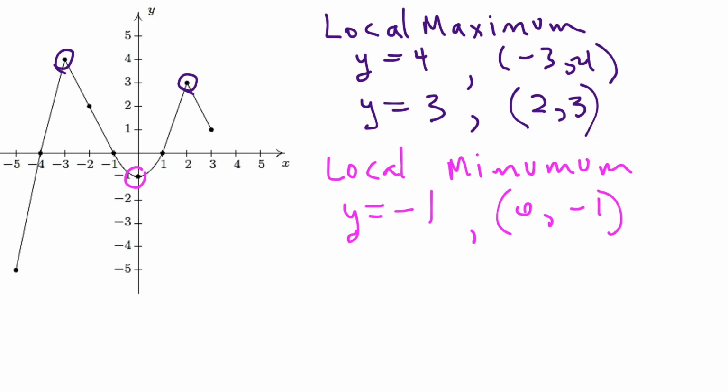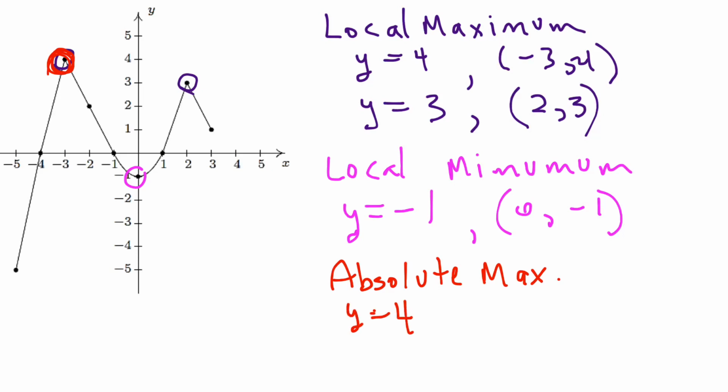All right, so then the absolute max is the highest point of all, so that would be this point here. So the absolute max is y is equal to 4, occurring at x equal to -3, the point -3, 4.